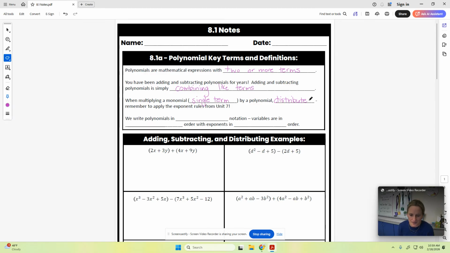The last thing is that when we're writing polynomials, we need to make sure that our final answer is in standard notation. And again, this is something that we touched on before, but standard notation means that your variables are in alphabetical order, and the exponents are in descending order.